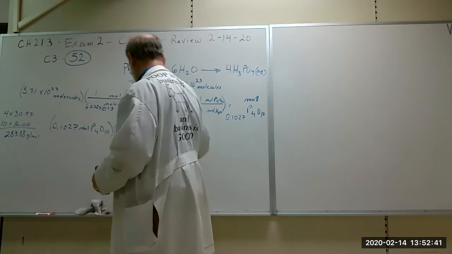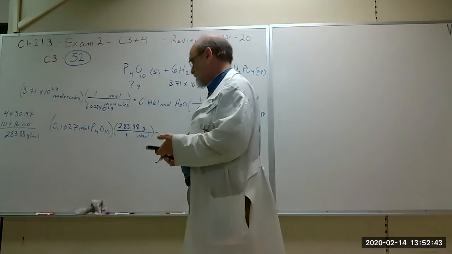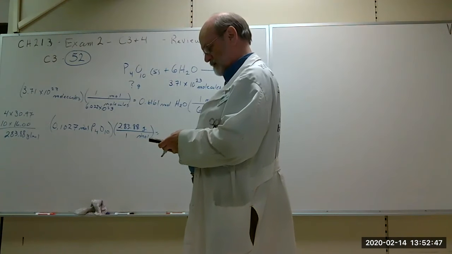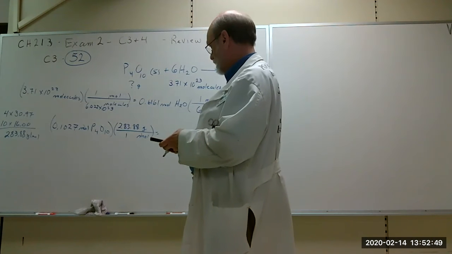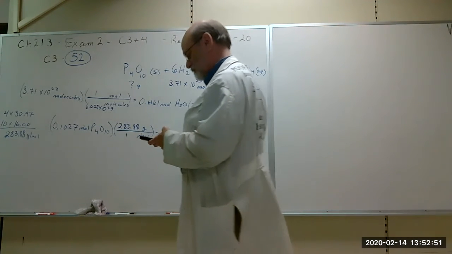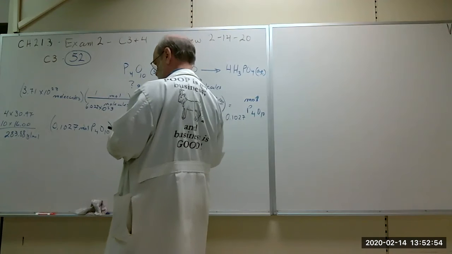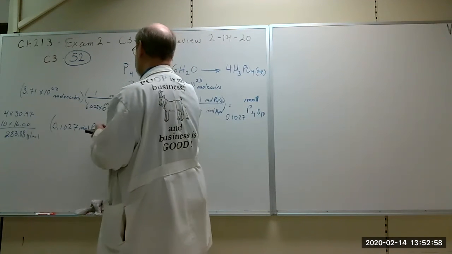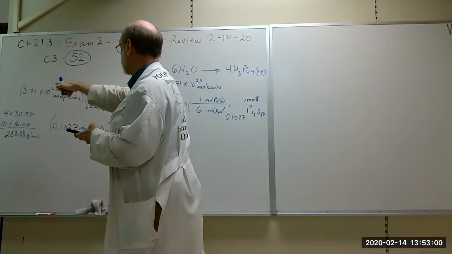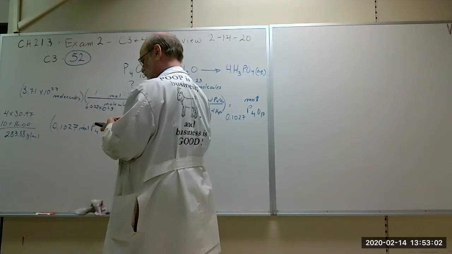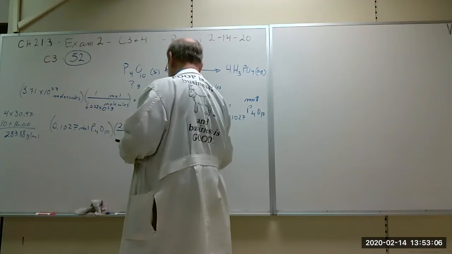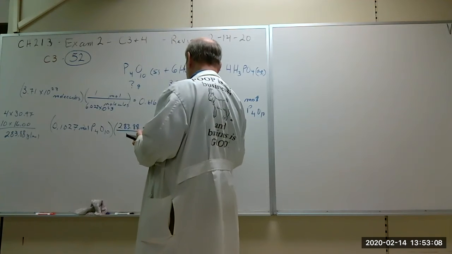Moles cancel, leaves us with grams. Let's see if it's still in here so I don't have to type it in again. Close enough. So just times that. 29.1. 3 places, so 29.4 grams of P4.